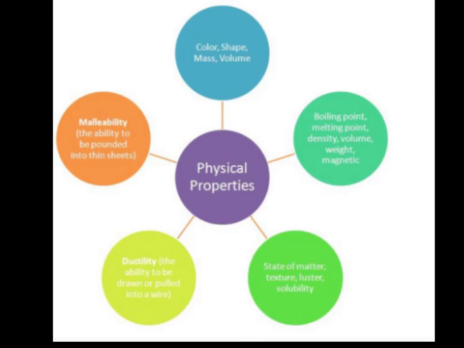Ductility is the ability to be drawn or pulled into wire. There's also malleability. Malleability is the ability to be hammered or pounded into thin sheets. So I want you to learn these basic physical properties of matter. Remember, they describe the substance rather than describing how it changes.